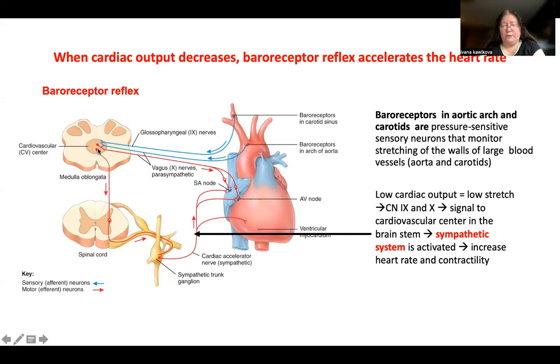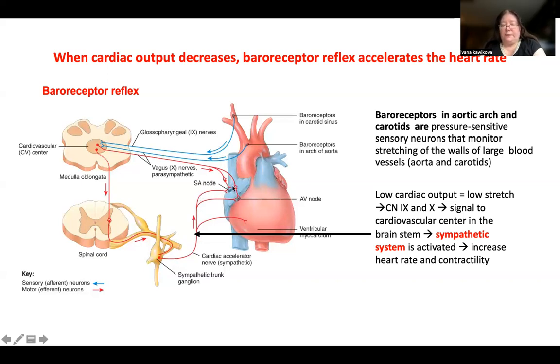And here you see the tract going from the medulla to the butterfly, to the intermediate horns in the thoracolumbar area. From there goes the preganglionic sympathetic nerve, and then from the sympathetic ganglion it arrives to the heart.